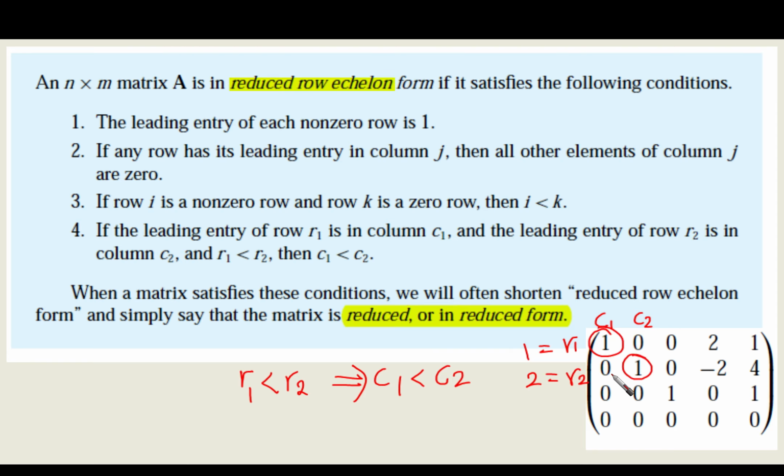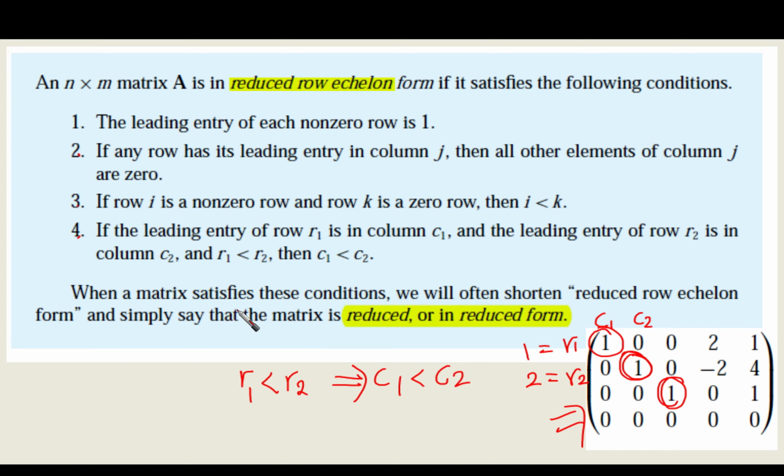If the leading entry here is in row 1, and this is row 2, then the column should be shifted also to be at least 2. That's the same for all of them. So actually these 4 conditions are fulfilled in this matrix, then it is in reduced form.